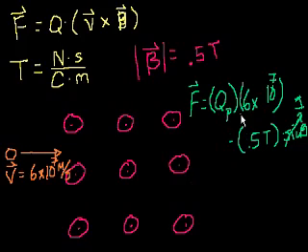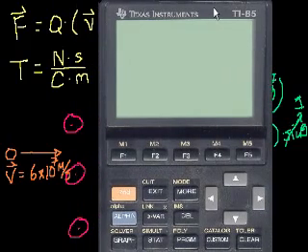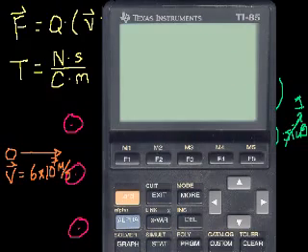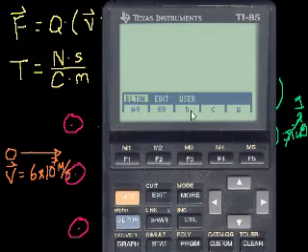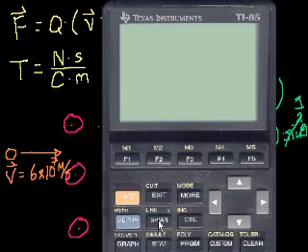So the magnitude of the force is actually pretty easy to calculate if we know the charge on a proton. Let's see if we can figure out the charge on a proton. Let me get the trusty TI-85 out. Let me clear it there just so you can appreciate that the TI-85 stores this.